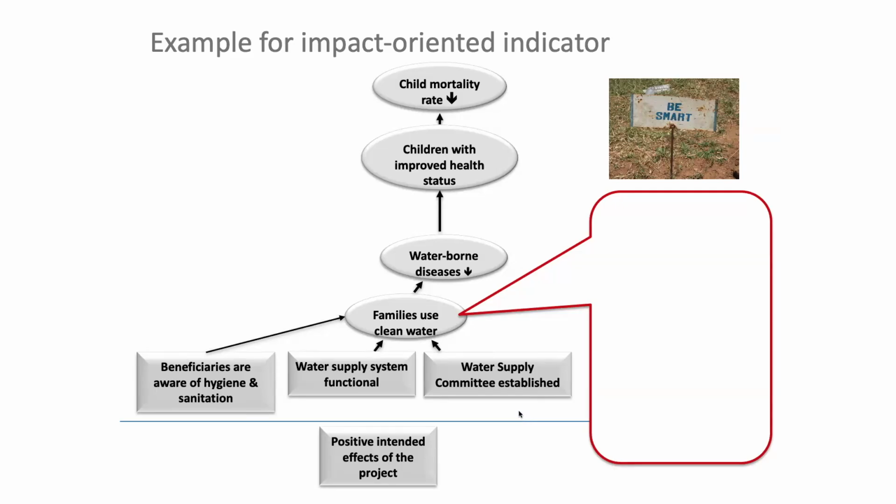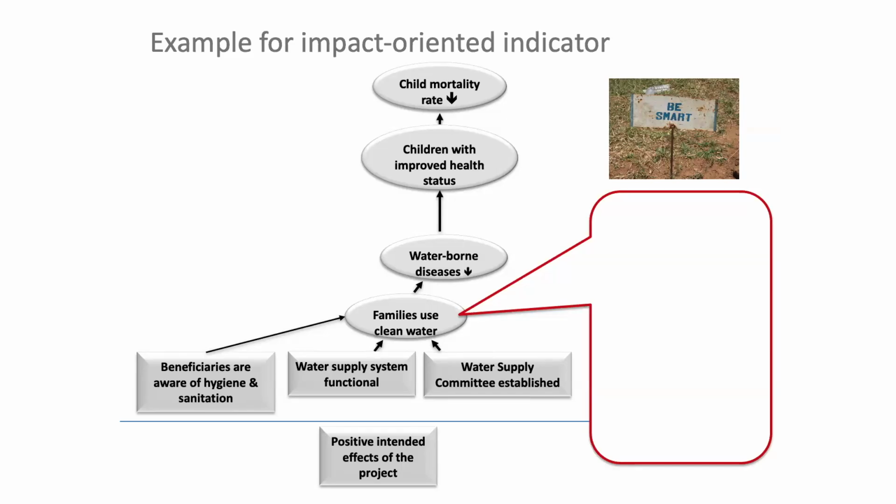We cannot automatically assume that our outcome, the decrease of waterborne diseases, for which we are responsible, will be achieved because our 3 outputs have been delivered. We need to check whether the outputs are being used as needed.